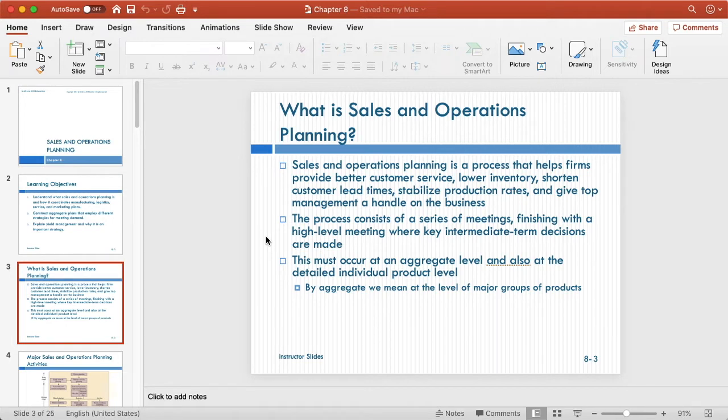Since we are standing from the whole company's point of view, we focus on the aggregate level of the operations plan in this chapter.